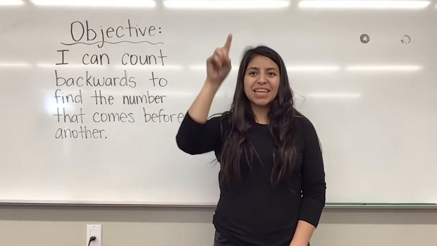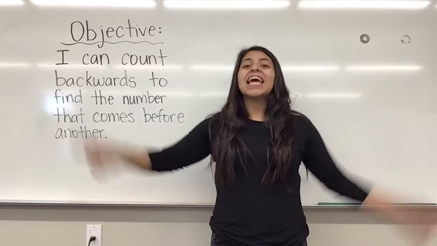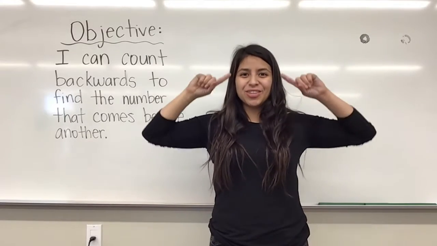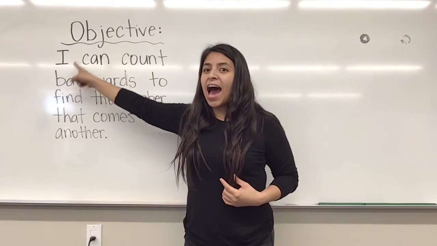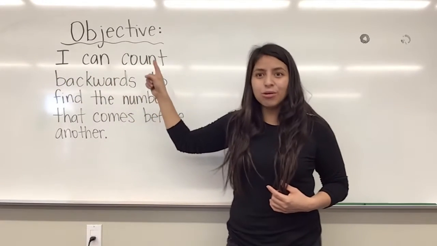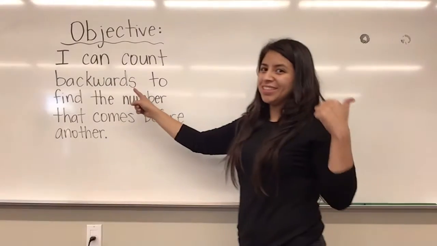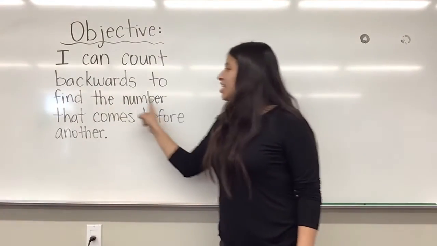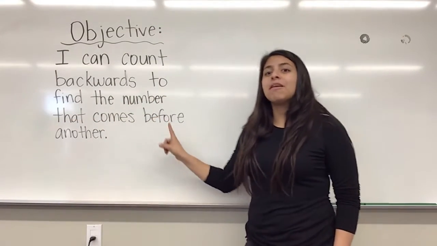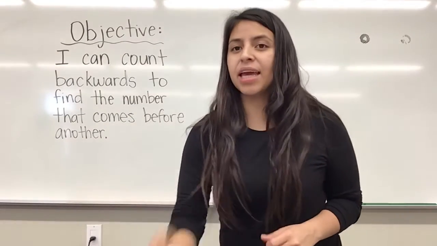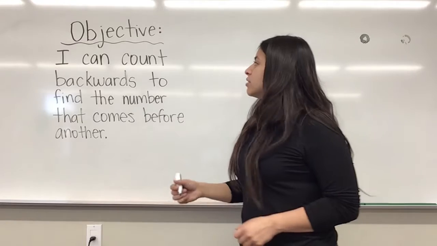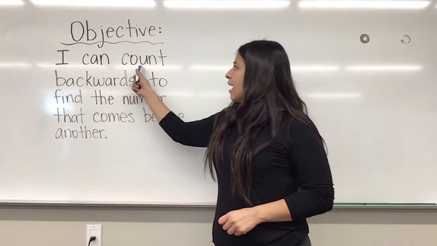Ready? Objective. It is what we are going to learn. So TK, our objective says, I can count backwards to find the number that comes before another. Let me read that again, but this time we'll underline the tricky words. So it says, I can count.